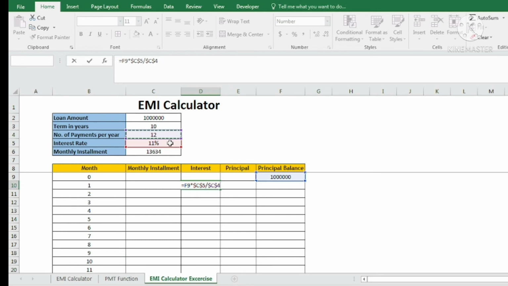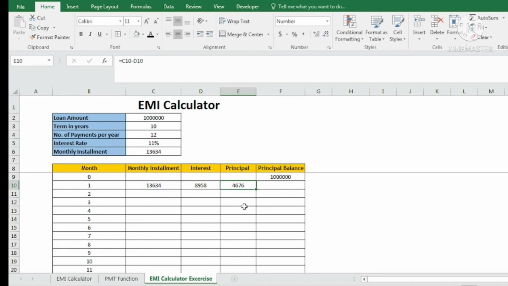So this will give me the interest on the 10 lakh principal amount for the interest rate of 11%. It gives me 8958. And what is the principal out of this 1364? Principal is 1364, that is this EMI minus this interest.